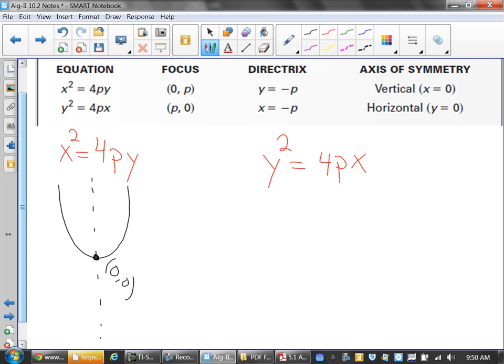Therefore, my focus will be at 0, p, and then my directrix would be below it at y equals the opposite of p, because y equals is a horizontal line. Do you agree? Yeah.